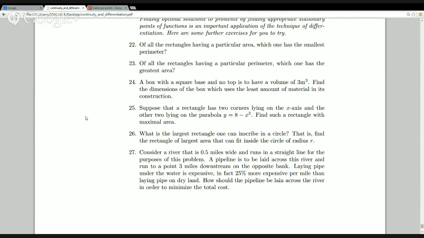Now, these questions aren't telling you explicitly what the functions are that you want to find the stationary points of. You have to construct those functions yourself from considering the problem. Obviously, for this one, any solution you have, there'll be a symmetric solution, the reflection of it: going first across the river and then down the opposite side.